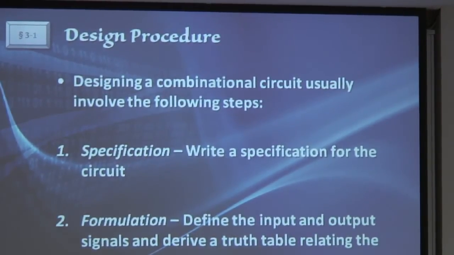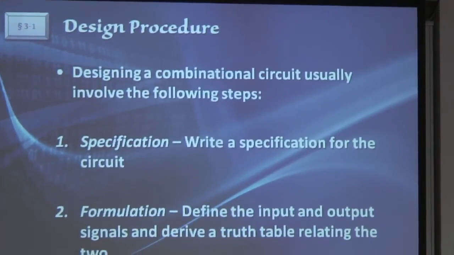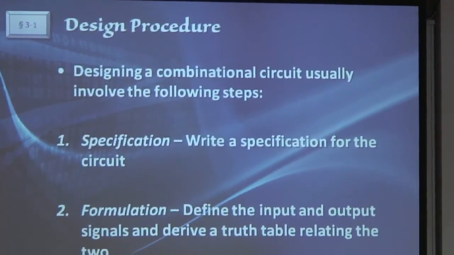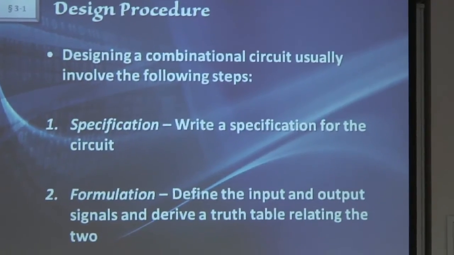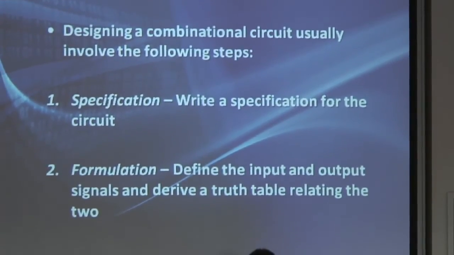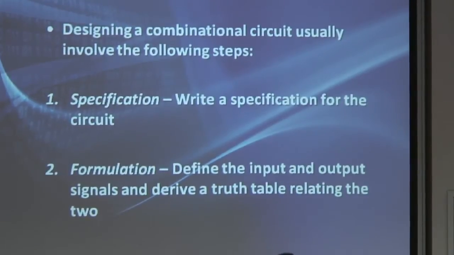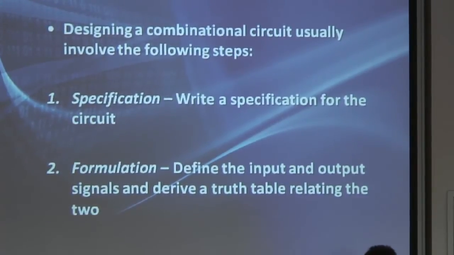Usually from the formulation process you end up either with a truth table that relates the inputs to the outputs, or some Boolean expression that relates the inputs to the outputs, and this is something you can actually work with.